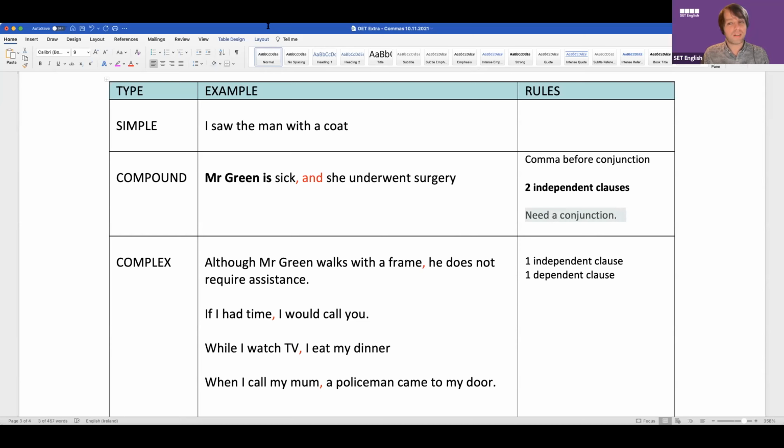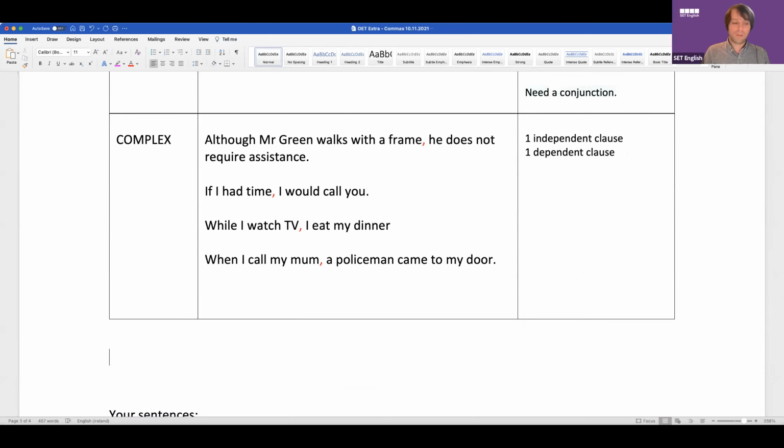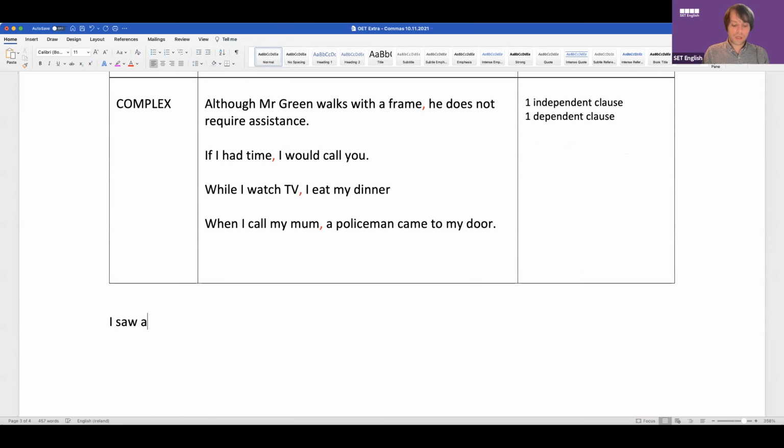Does that make sense? Like if I said to you, I saw a movie, comma, my friend came with me. Is that right? No. It's wrong because it's two independent clauses, right? Where's the first subject, guys?